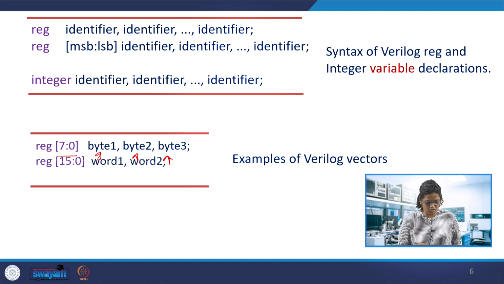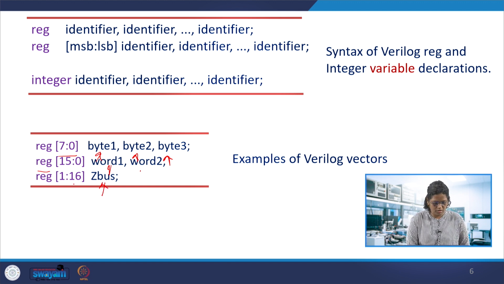Word 1 and word 2 are going to be 16-bit registers; if you write them in a comma separated line, the 16-bit width is valid for both word 1 and word 2. This is the register reg declaration. And ZBus is a variable name declared from 1 to 16, so the 16 bits are defined this way as well, making it a 16-bit vector.